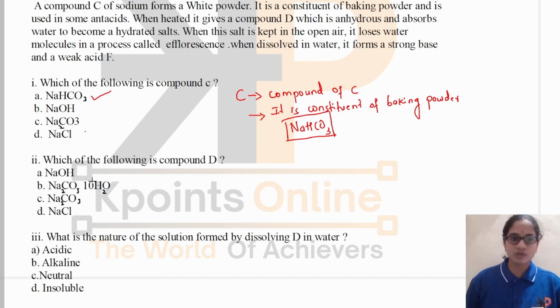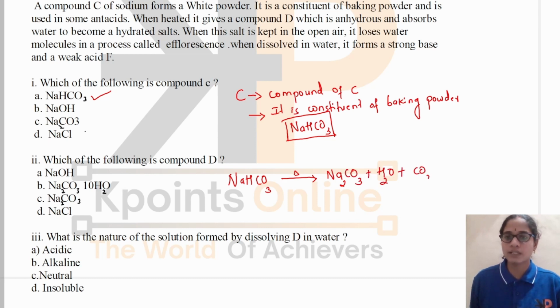Then the next question of this passage is which of the following is compound D? They have given that when compound C is heated, it gives a compound D that is anhydrous, and it absorbs water to become a hydrated salt. We know that when sodium bicarbonate is heated, we get sodium carbonate, water and carbon dioxide.